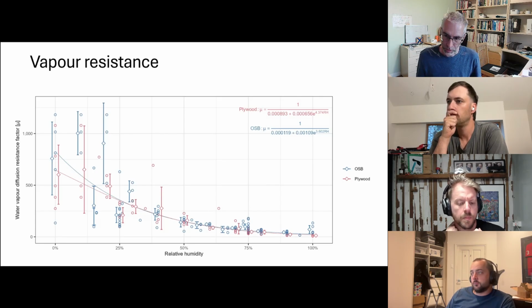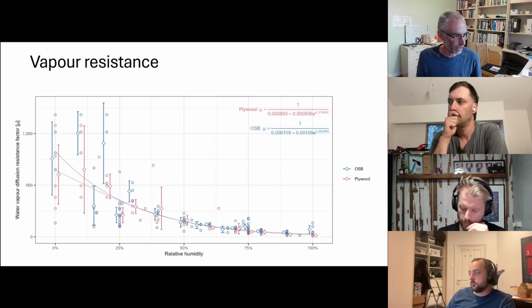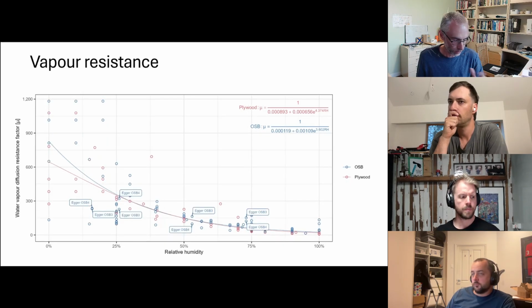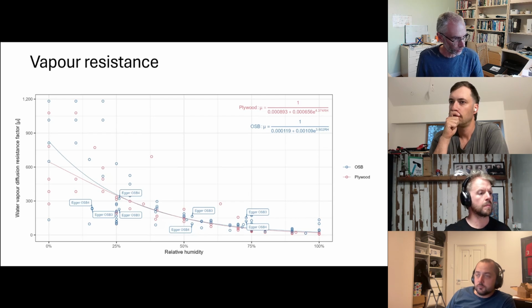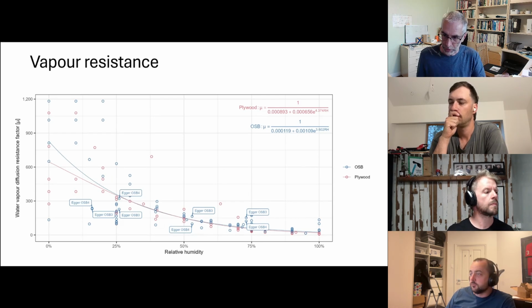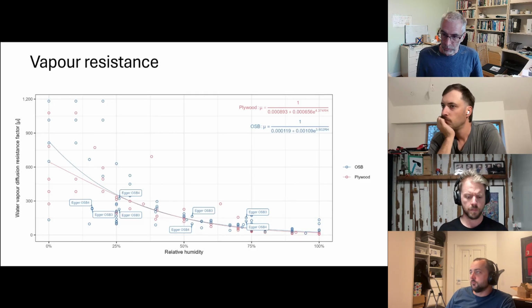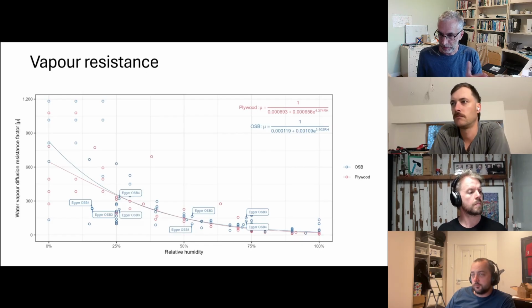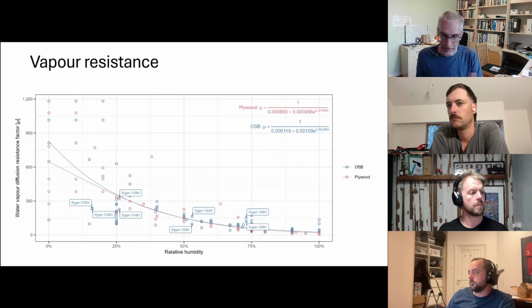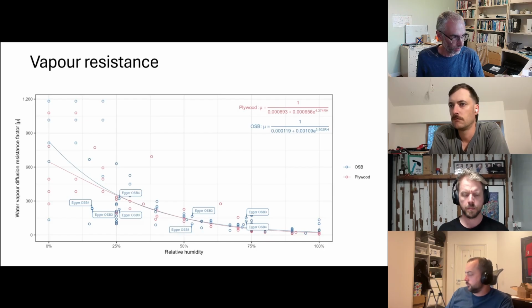But let's focus on the high relative humidities because, as I argue, that's where this really matters. Oh, actually, sorry, let me jump on to one other thing first. There's one brand of OSB we can buy pretty regularly in Australia, Egger, a company in Switzerland, I think, or Germany maybe. And they've got some really good published data. They've tested and published that data for different relative humidities. So that is in this data set, and you can see here, I've just labeled that to give you an idea.